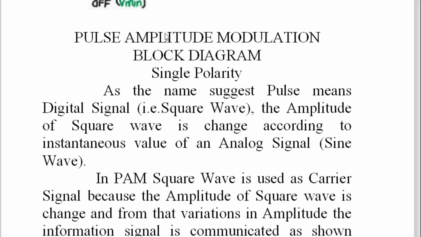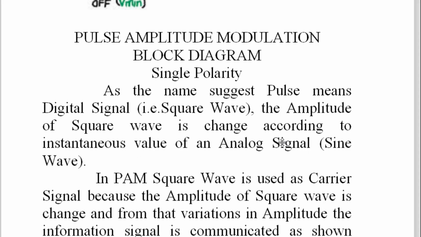So let us proceed. As the name suggests, pulse means digital signal, that is square wave. The amplitude of the square wave will change according to the instantaneous value of an analog signal, that is sine wave.